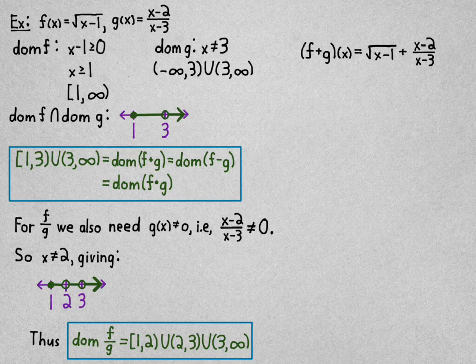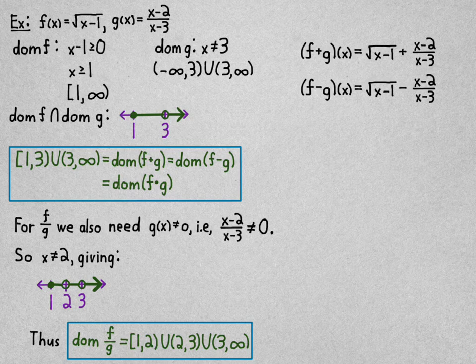The function f plus g of x is going to be the square root of x minus 1 plus the rational expression x minus 2 over x minus 3. f minus g of x is going to be the same thing, only a minus in between the two expressions.